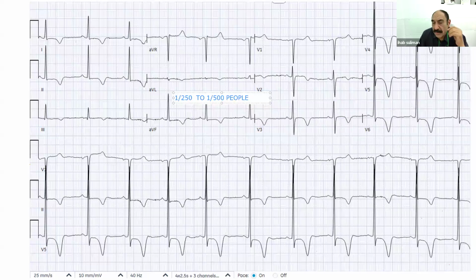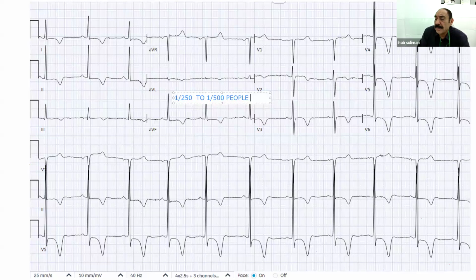So in 1,000 persons, you can see hypertrophic cardiomyopathy in 2 persons. So it is important to remember that hypertrophic cardiomyopathy is not common, but not uncommon, you can still find it in the general population.